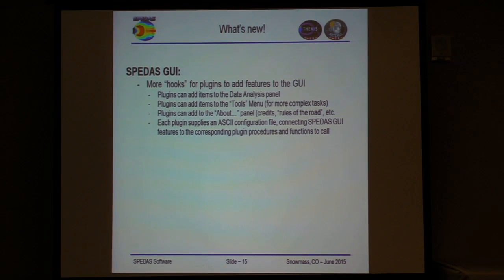I thought it would be useful to give plugins access to that, because that's a very convenient place to put things like credits or preferred acknowledgments for people who are going to use this data and publish with it, or if a mission has certain rules of the road that they want people to abide by, that's a good place to put them. So now plugins have a place to put those sorts of things.